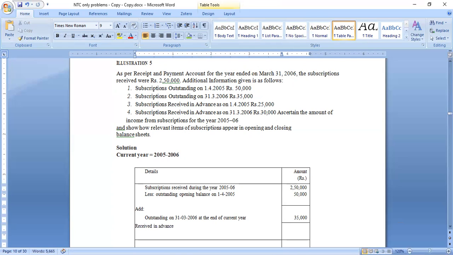Received in advance in the beginning of the year, 1/4/2005, that is 25,000.